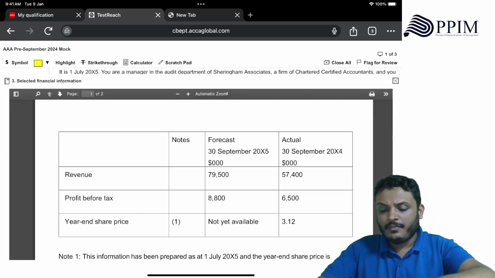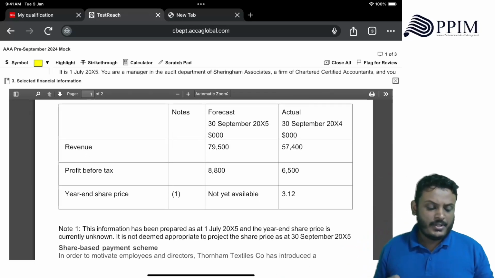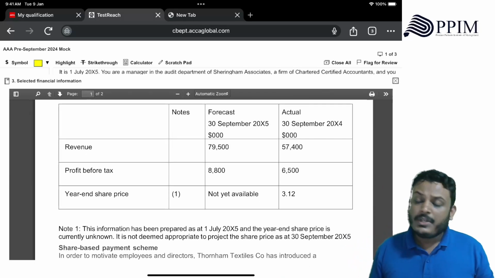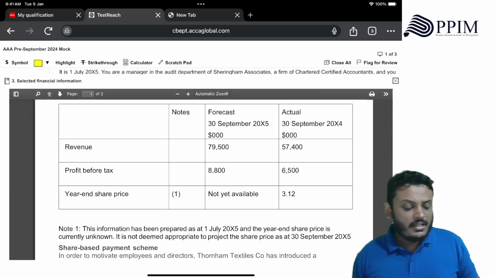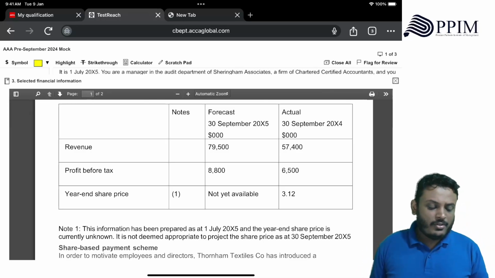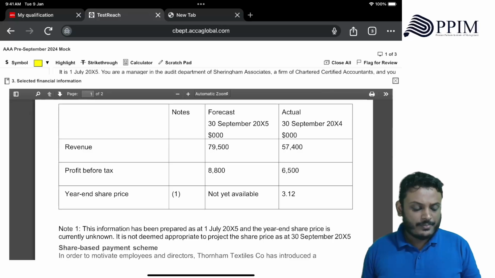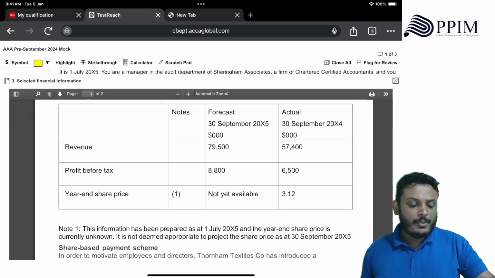Here they gave financial figures. Students, when you are doing audit risk questions or risk of material misstatement questions, if financial statements or extract of financial statements are given, then what we should do is we should perform ARP.